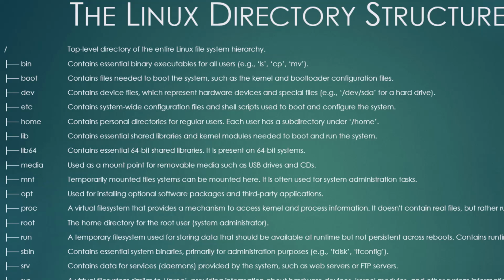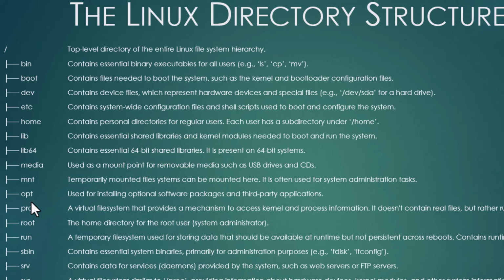So we would have that in the media folder. However, when we mount something, we're mounting a file system. It's going to be mounted here. So there's a difference in the idea of, okay, I'm going to mount a file system so I can do some work, or I'm going to mount some media so I can get into a USB or a CD. Those are two different things.